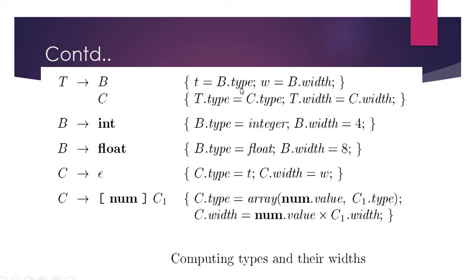The data type will be a basic data type. In the example, the data type is int, so B.type will be int, and its width will be 4 bytes, because in the particular architecture 4 bytes are allocated for an integer.